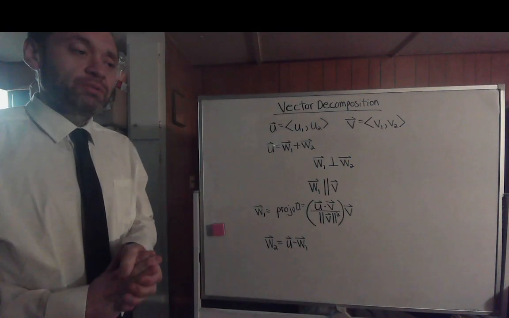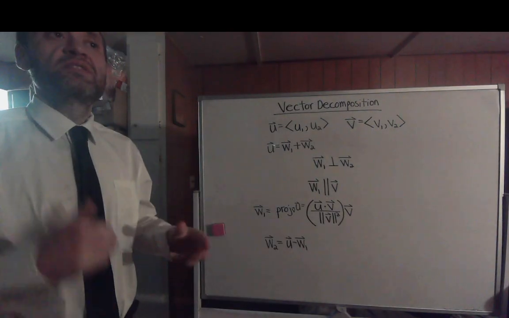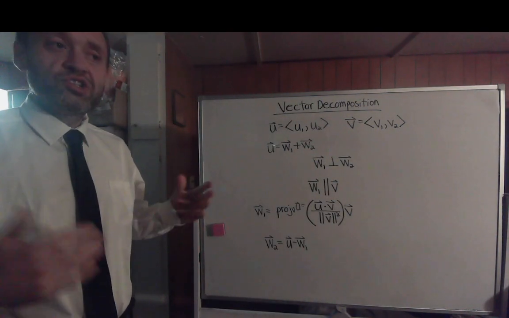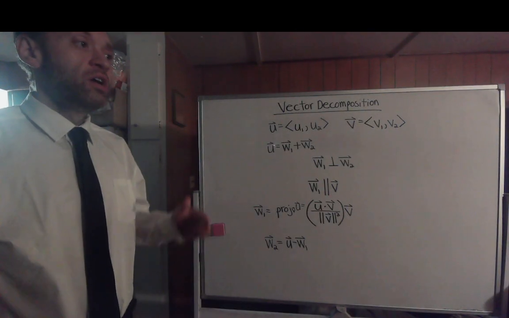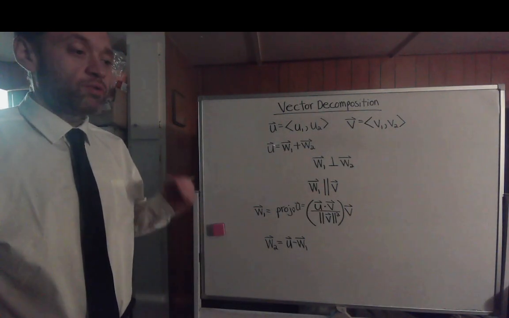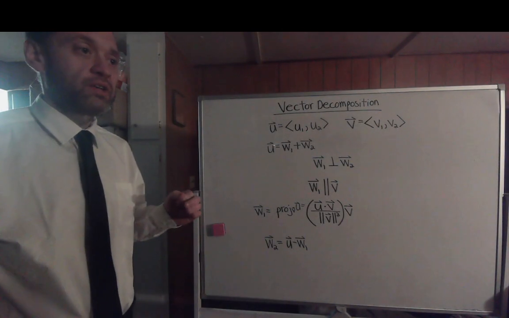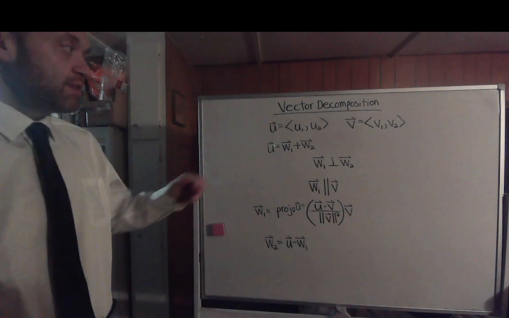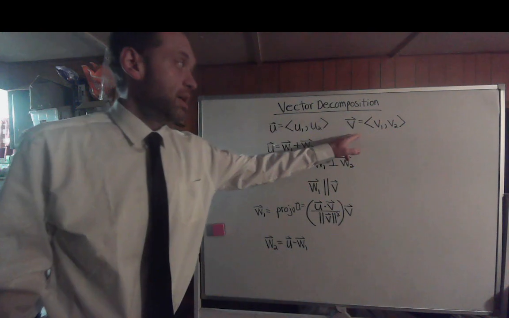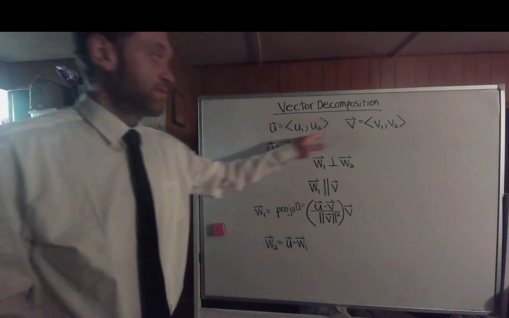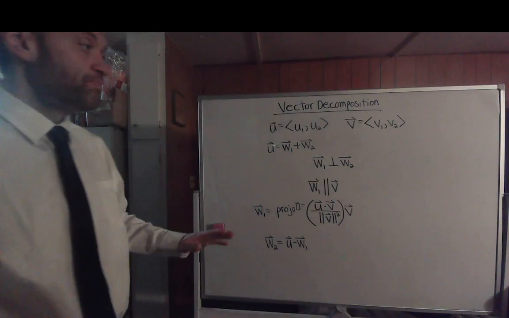Well, many applications in physics, such as finding the amount of work done, or in engineering, other areas, require you to take an original vector and decompose it into the sum of two other vectors. So you're given two vectors u and v. Everyone should be familiar with the basic vector notation by now.